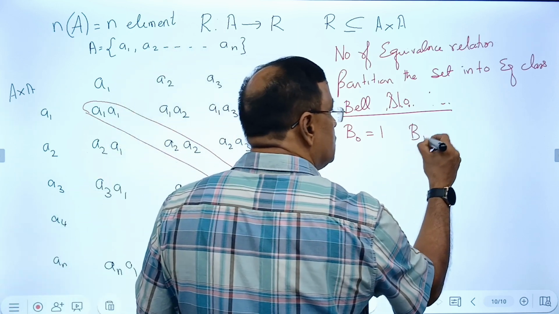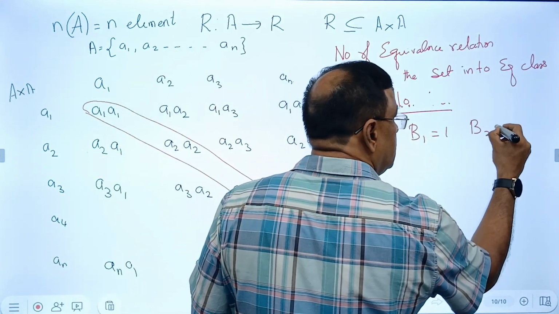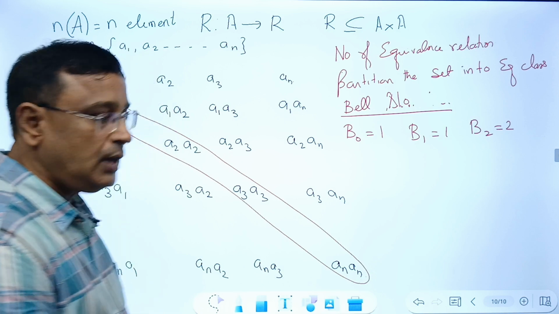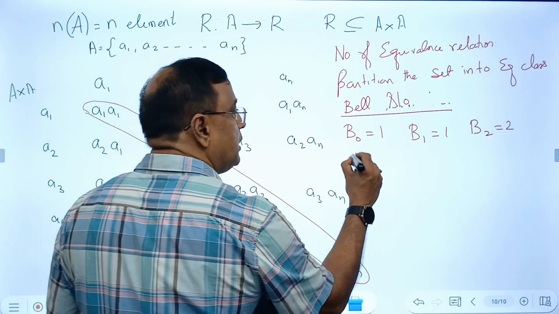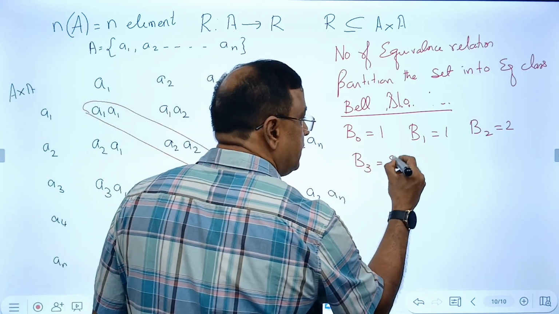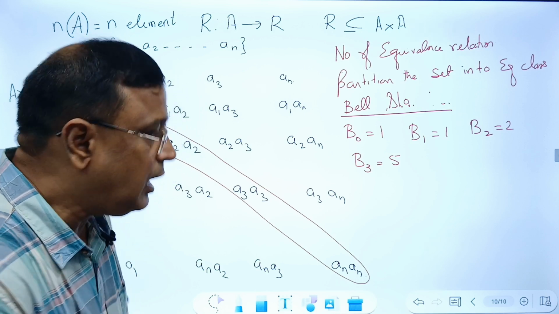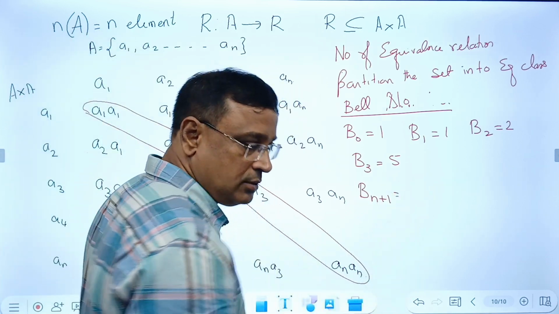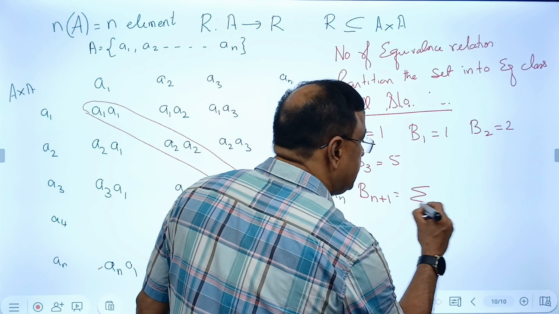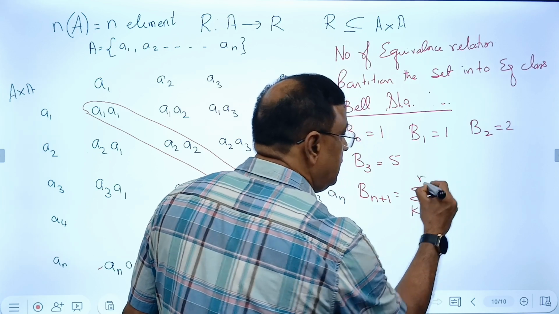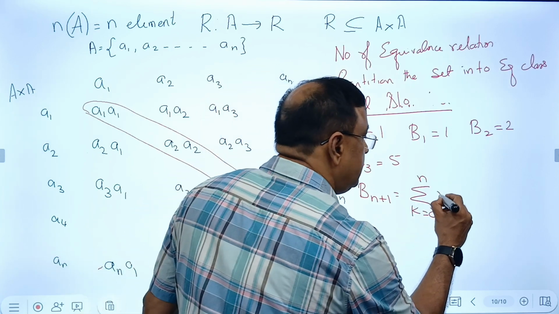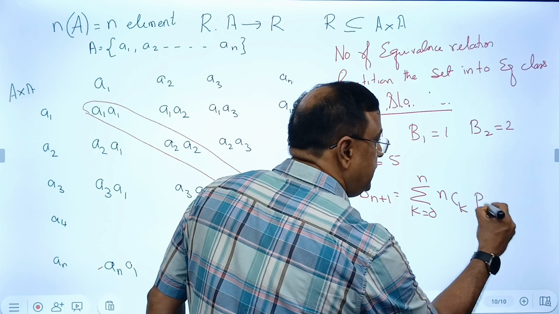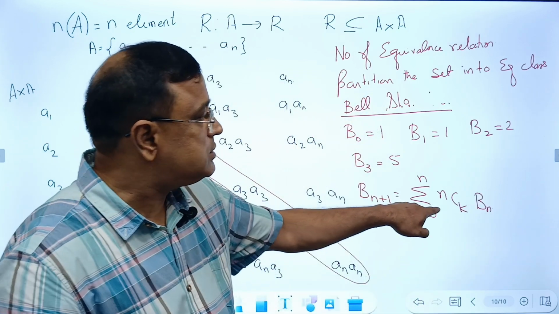B1 is also 1. B2 is 2. And B3 is 5. And you have a recurrence formula: B(n+1) is given by sigma k equal to 0 to n of nCk Bk. If you put it in this, you will get it.